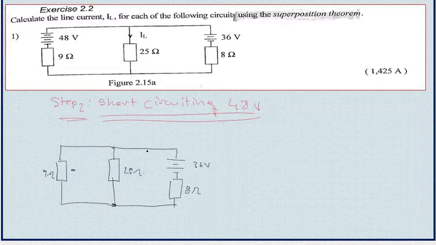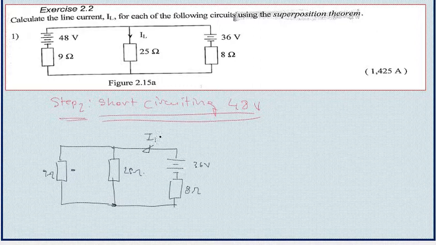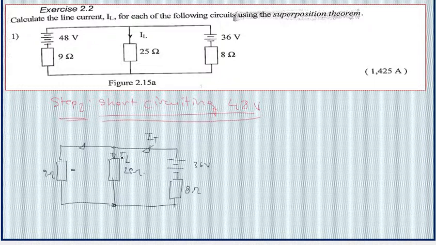So now we are going to have the total current here, because we have a supply voltage. So that current is split into 2 branches. So we have the first current that flows through a 9 ohm resistor, and then we have the second current, which is called IL.